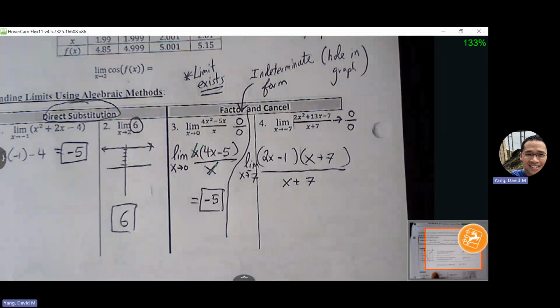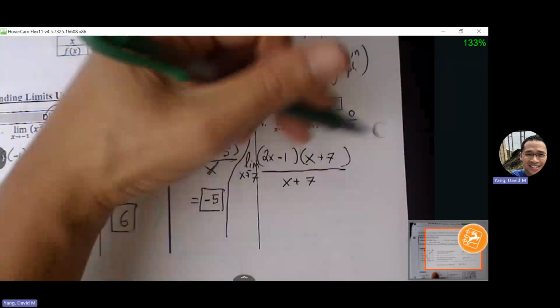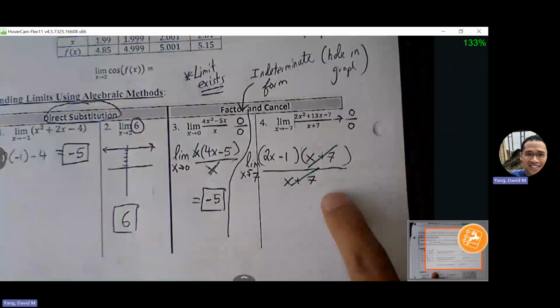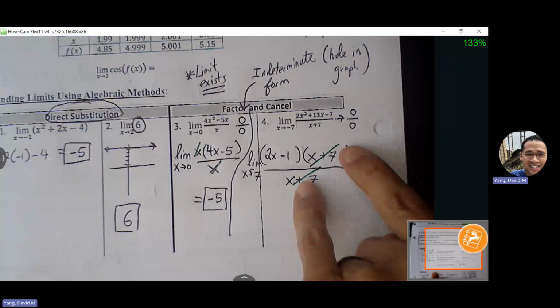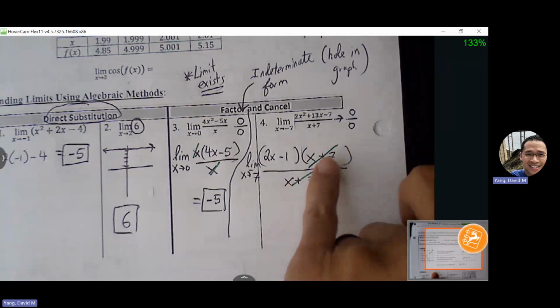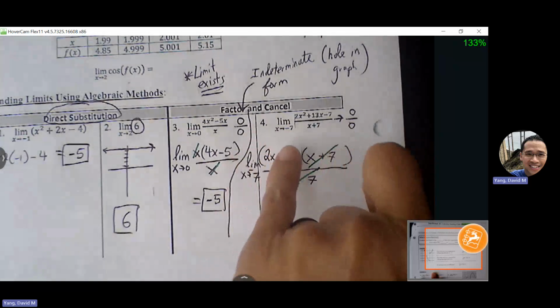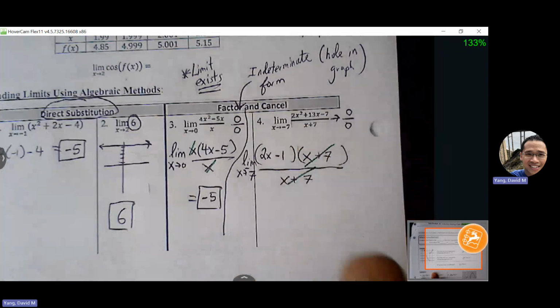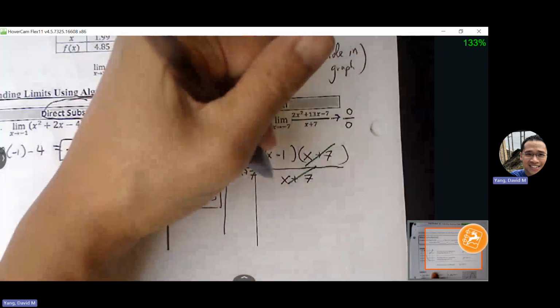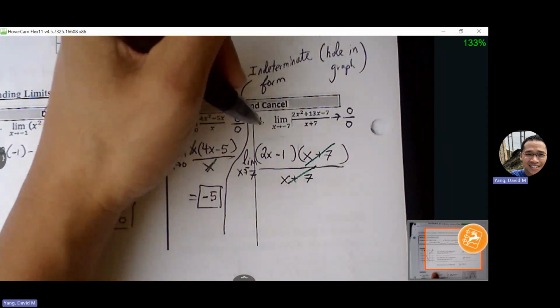Okay, what do we notice? X plus 7. So we see what's causing that 0 over 0. It's the x plus 7s. We're going to remove it from the expression. Now we're going to get a version of the graph without the hole. And then if we evaluate the graph without the hole, we can find out where that limit is.